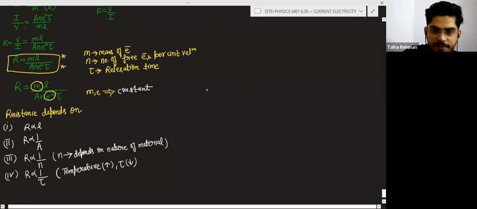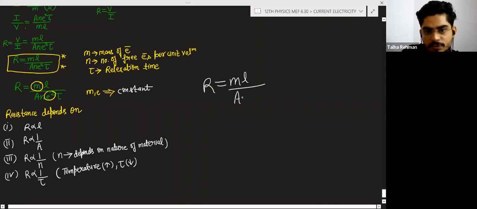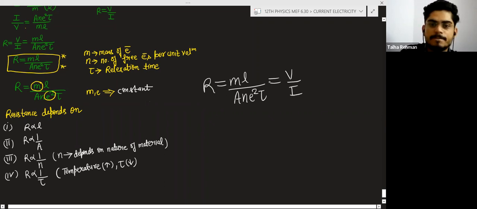Resistance can be written R is equal to ml divided by A n e square into tau, or resistance is also potential difference divided by current.